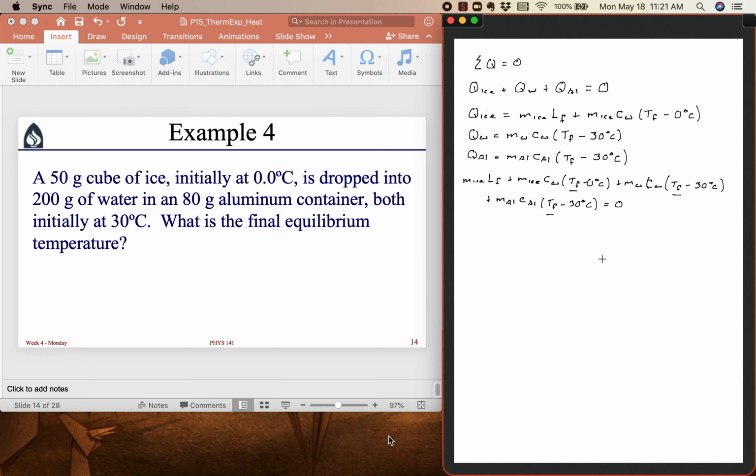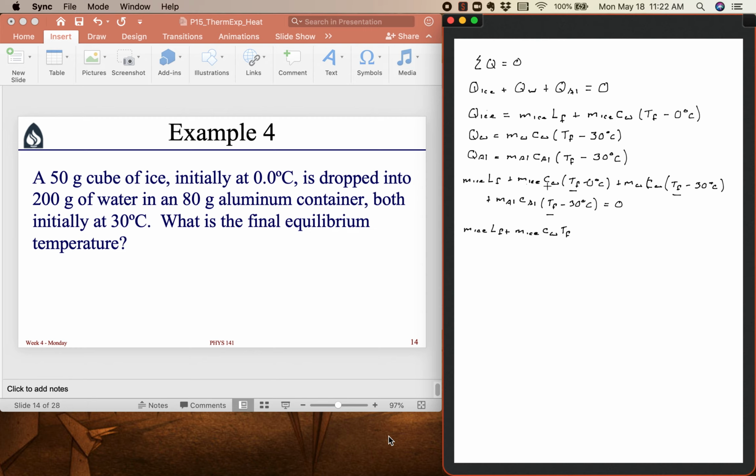Okay, I know the thing I want to find is T final, which appears here, here, and here. So the next thing I'll need to do to get at that T final is multiply over the parentheses these terms that have T final in them. So if I do that, I'll get mass of the ice, latent heat of fusion, plus mass of the ice, specific heat of water, T final.